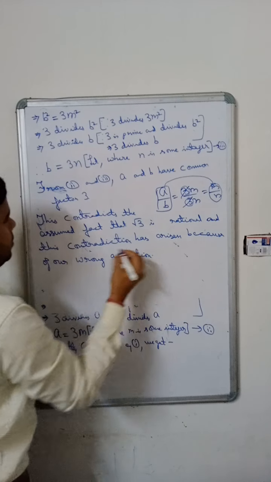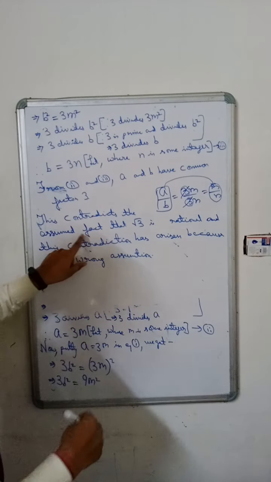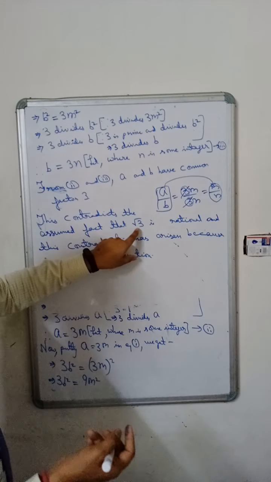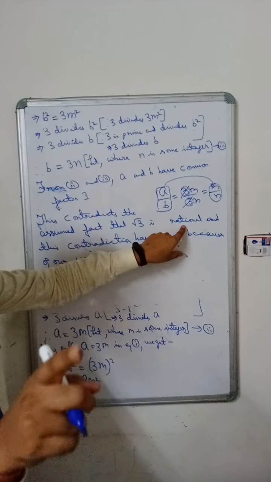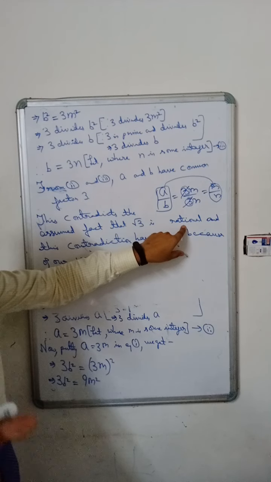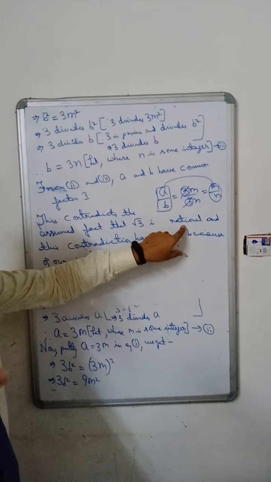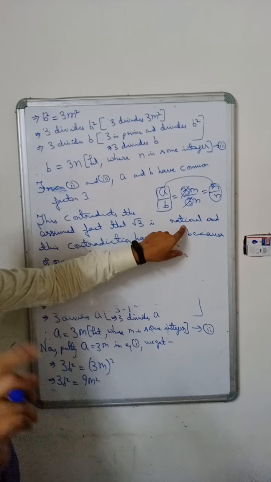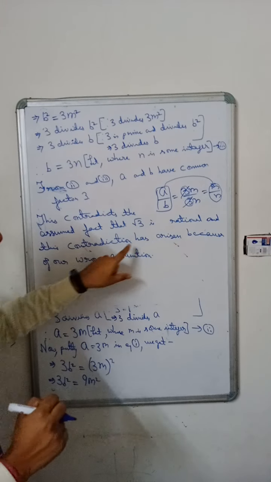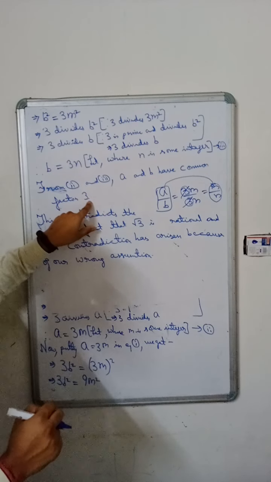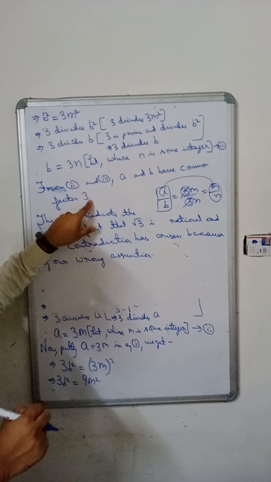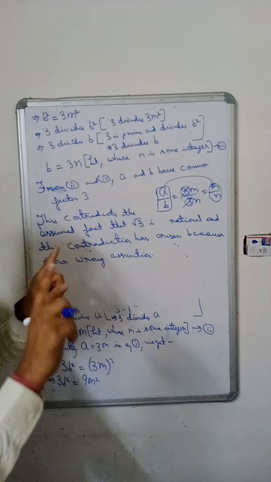So this contradicts the assumed fact. What was the assumed fact? The assumed fact was that root 3 is a rational number of the form a by b, where a and b have no common factor other than 1. That is, a and b were assumed to be a co-prime pair. But here we are finding that a and b have a common factor. What is that common factor? 3 is the common factor. And as 3 is a common factor, it means that a and b are not co-prime.